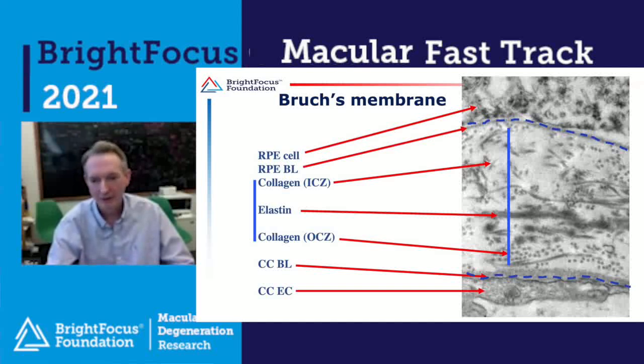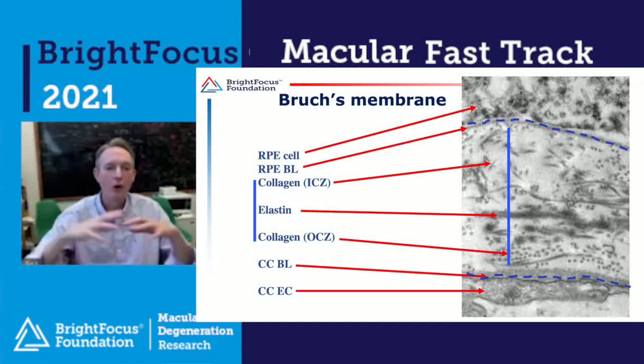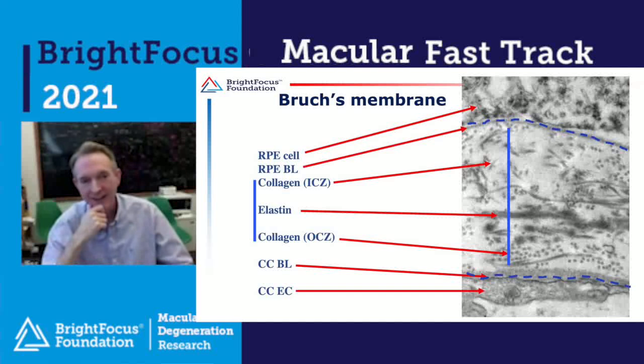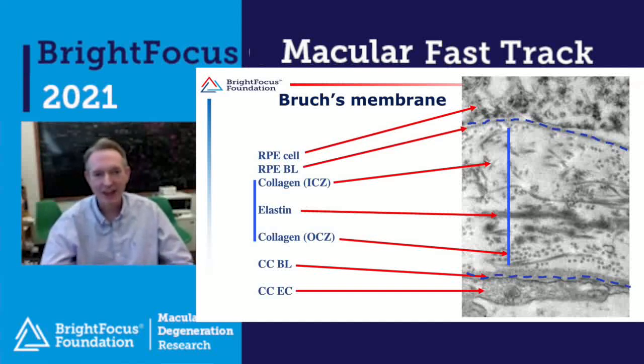And here's this fibrillar collagen, these little rods and lines. Another layer of collagen here. These are called the inner and outer collagenous zone, and a layer of elastin, this very hydrophobic, stretchy protein in between the two layers of collagen. As Dr. Duncan called it earlier, an elastin sandwich. I'm going to steal that for future use.